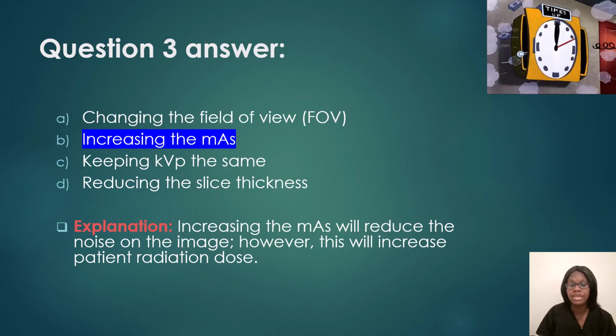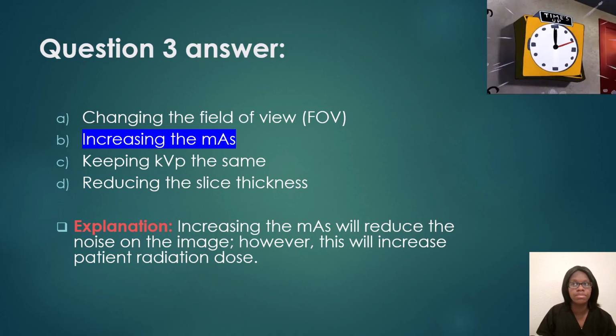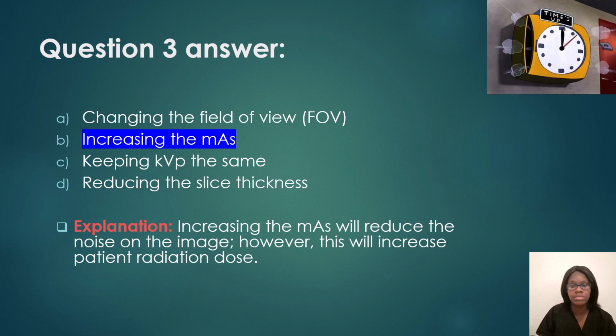If it is noisy, try increasing your mAs just a little bit. You do not have to go from 40 to 100, but say for instance, if you go from 40 mAs to 45 or 50 mAs, see the difference that it does make on the image.